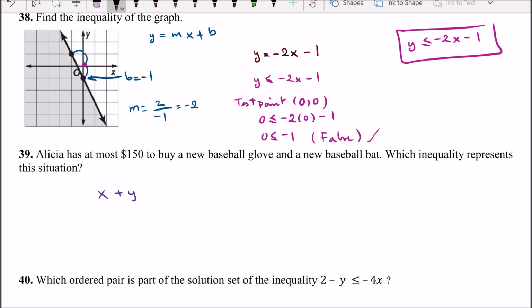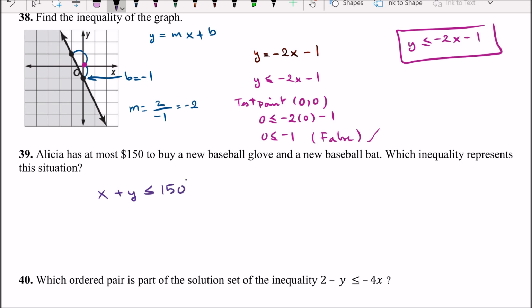So x plus y. She has at most $150, meaning the maximum. It cannot be more than that. So at most is the max, and the cost of the two of them should be less than or equal to $150.